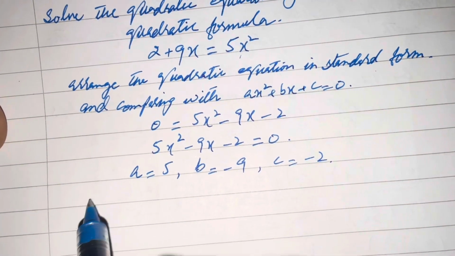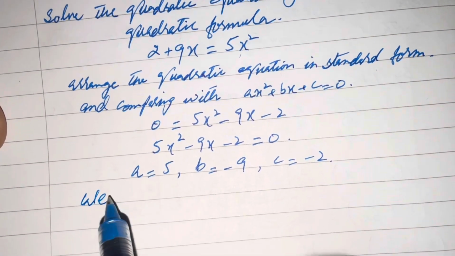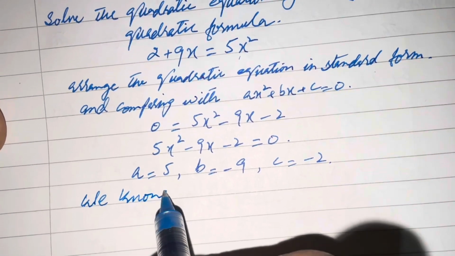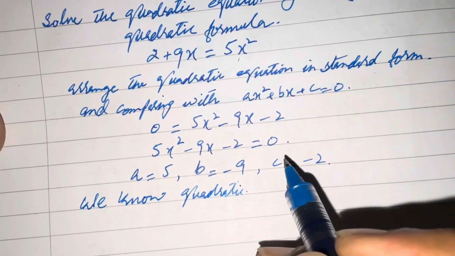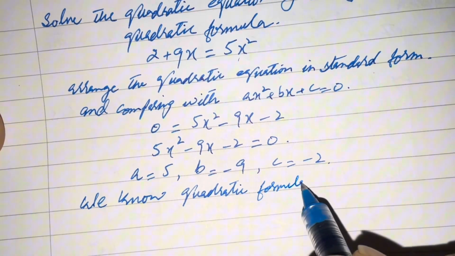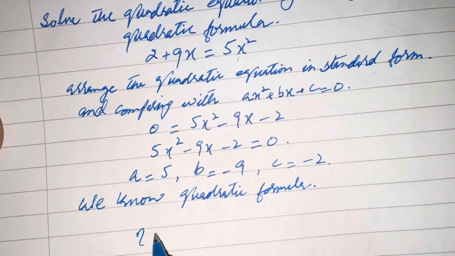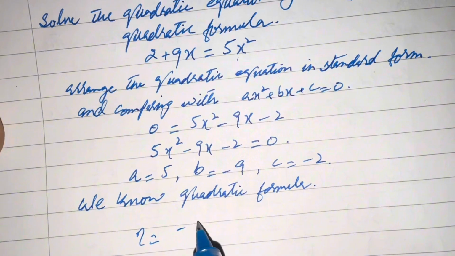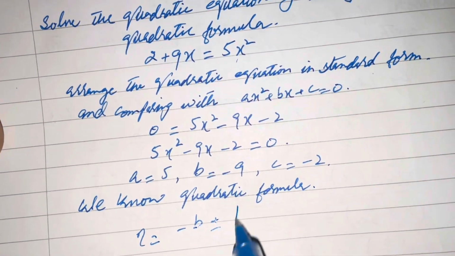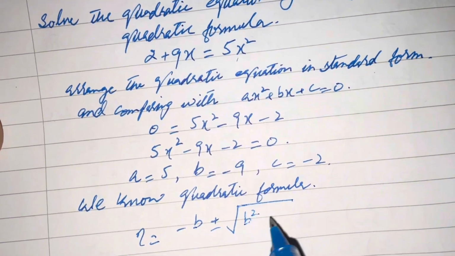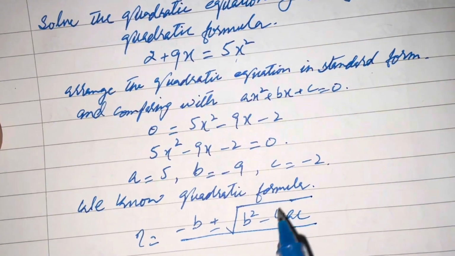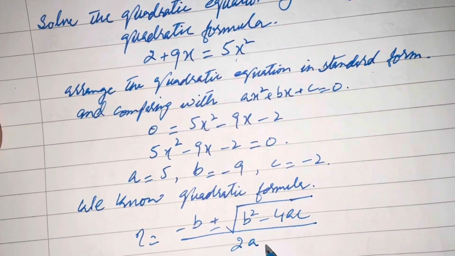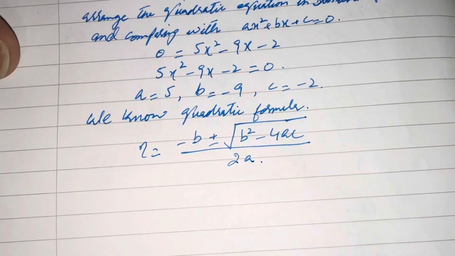We know the quadratic formula is x is equal to minus b plus minus under root b squared minus 4ac, divided by 2a.